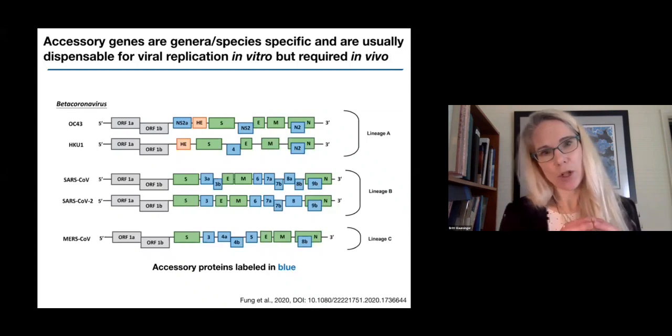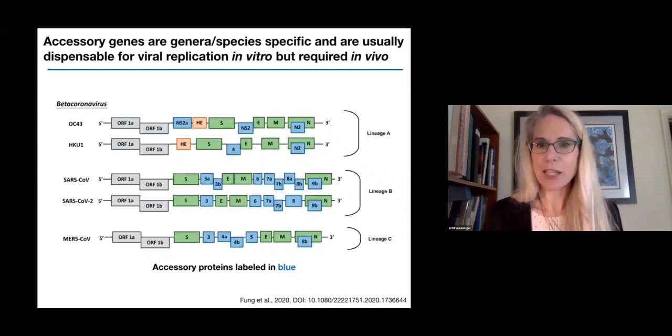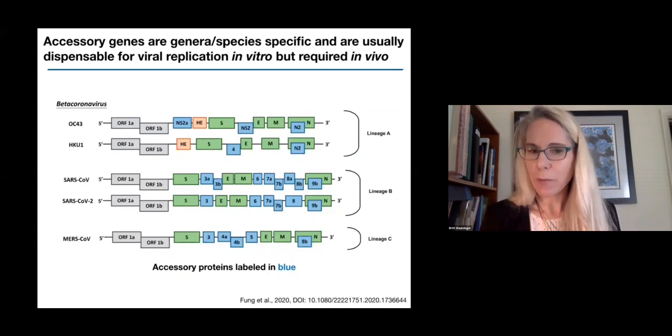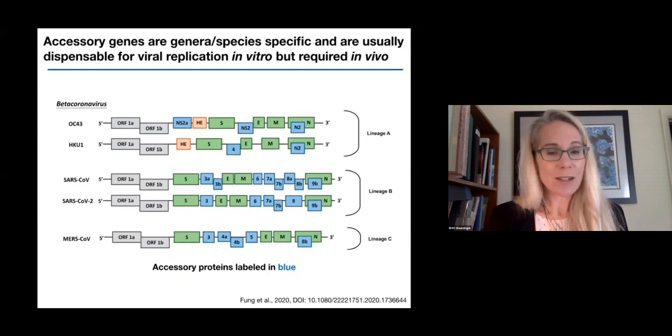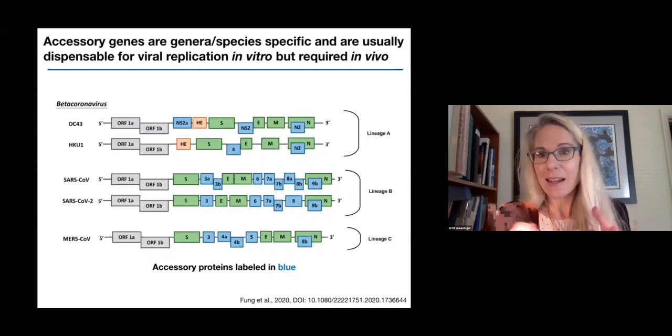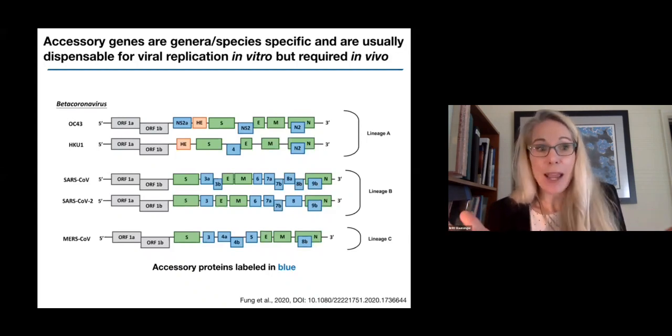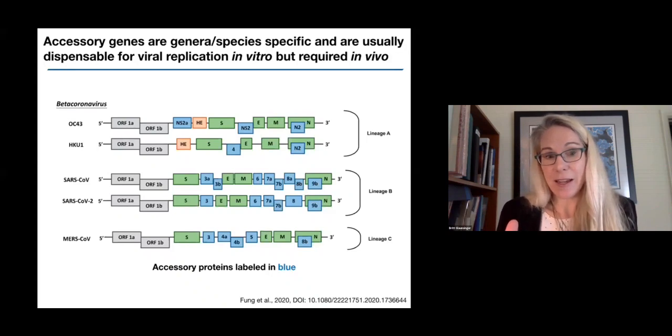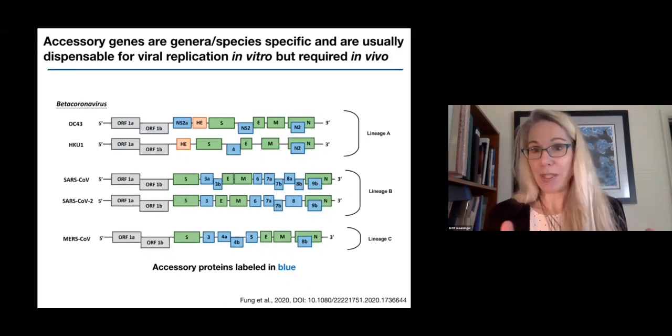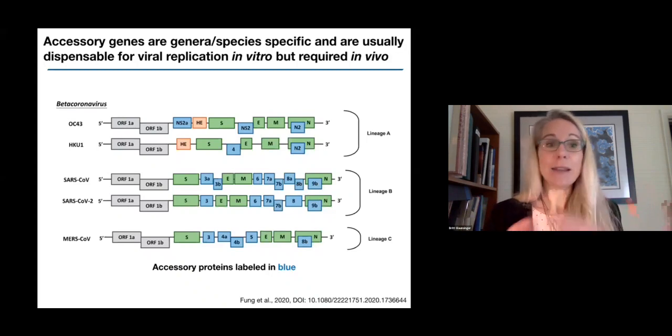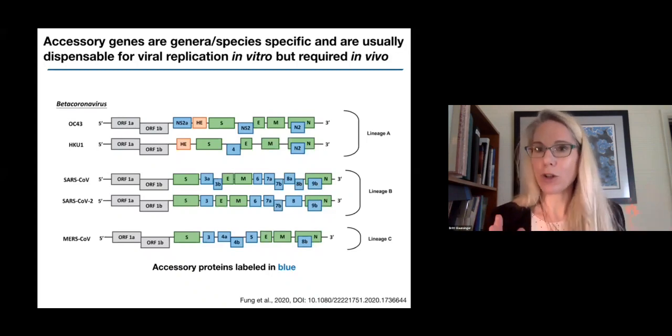And so what I'm showing you here are the accessory proteins for different beta coronaviruses of 3 lineages. The accessory proteins are labeled in blue. You can just glance through and see that the ones present in lineage A and lineage C are quite different from those present in lineage B. So again, these proteins vary, unlike the non-structural proteins and the structural proteins, which are quite conserved across the coronaviruses.